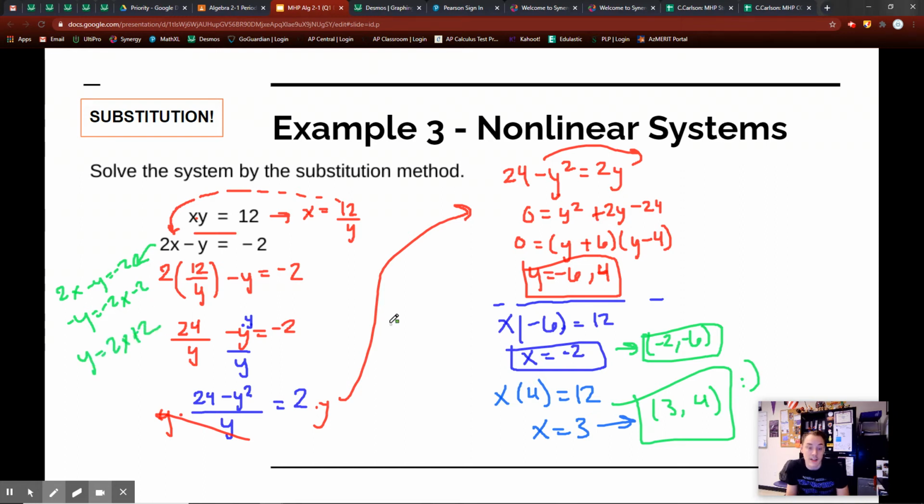And I plugged it in there. So if I did x times 2x plus 2 equals 12, this would be 2x squared plus 2 equals 12. And then you would just solve it like that. Divide each one by 2.